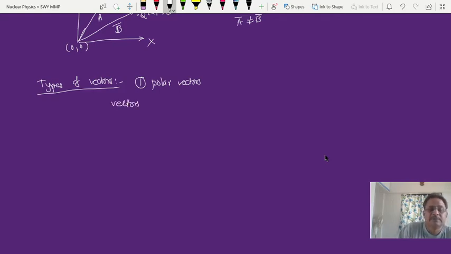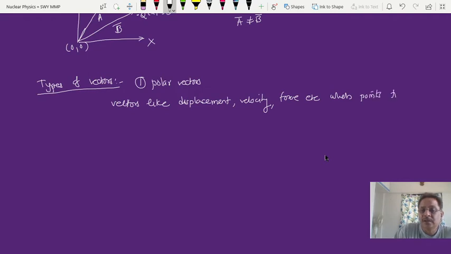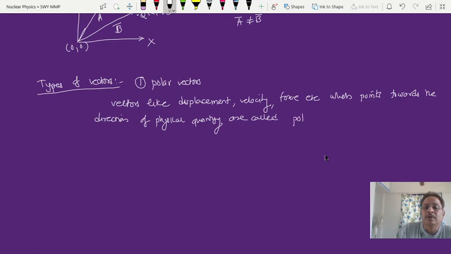Vectors like displacement, velocity, force, etc., which point towards the direction of the physical quantity, are called polar or radial vectors.